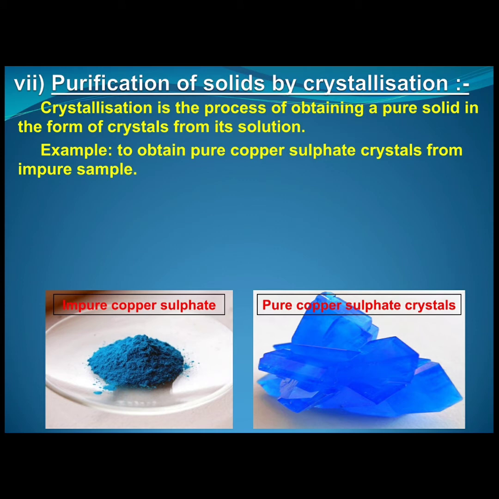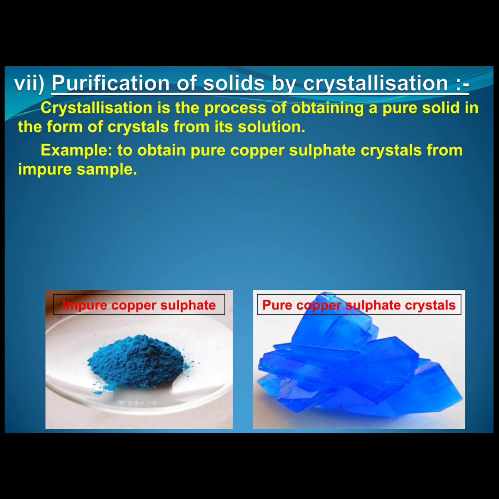Let us go to our next process, that is crystallization. In class 7, we prepared the crystals of copper sulfate, and at that time we just thought we had prepared the crystals, but now we are going to deal with the main purpose, and the main purpose is to remove the impurities from that copper sulfate.